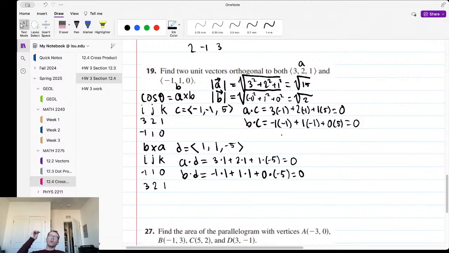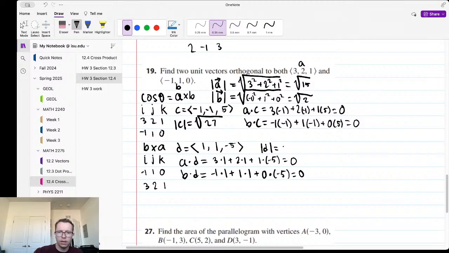Okay. Now, the only problem we have left is I don't believe these are unit vectors, right? Because if we get the magnitude of C, it's going to be -1 squared plus -1 squared plus 5 squared, which is 1 plus 1 plus 25, which is square root of 27, right? And if we do the same thing for D, it's literally the same thing, huh? Yeah, 27.